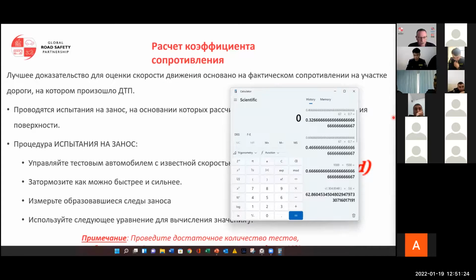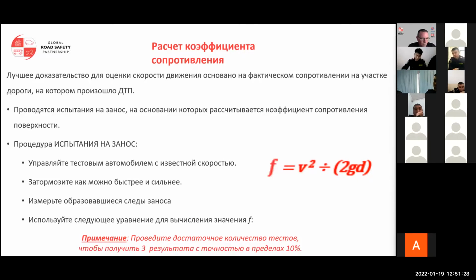Test skids. Actually, let me write some numbers on here so we know what we're talking about. Speed equals 50. Apologize for my writing. V equals 13.89 meters per second.